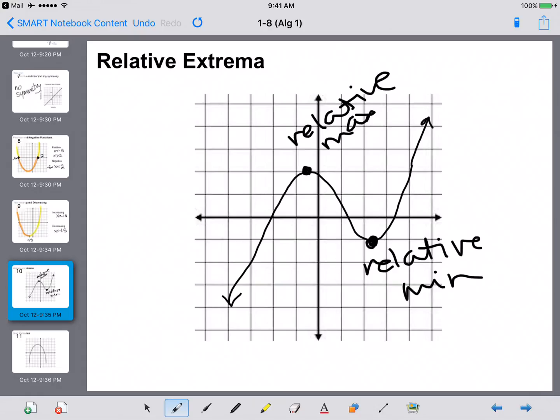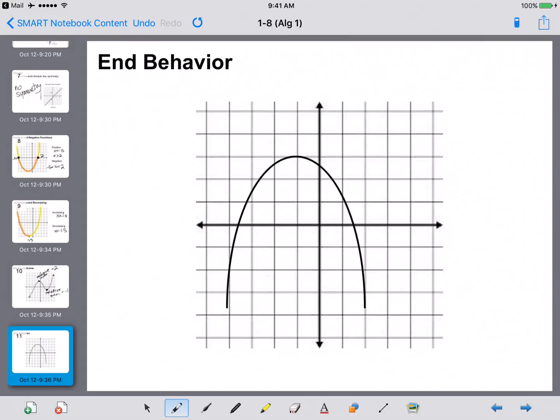So there are parts where it's way tinier and parts where it's way bigger, but your relative points are here. And this is where you use your y. So your relative maximum here is 2, and your relative minimum is negative 1, because you're using your y-coordinate.